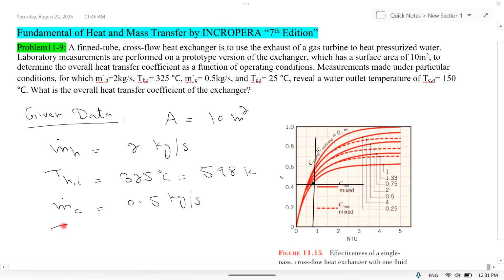Tci, the temperature of cold water inlet, is equal to 25 degrees centigrade, which in Kelvin is 298 Kelvin.